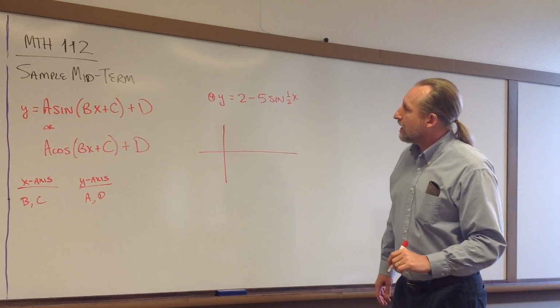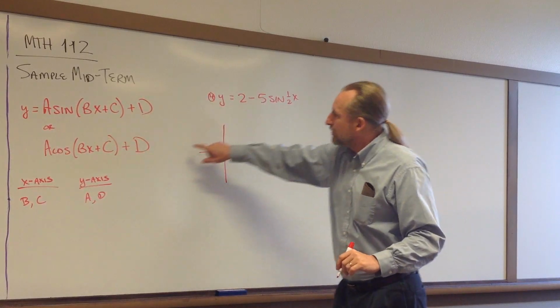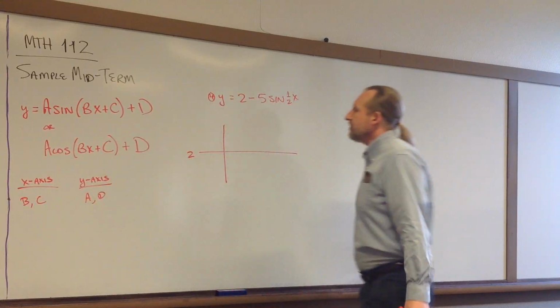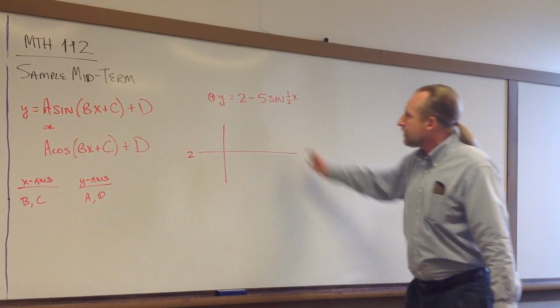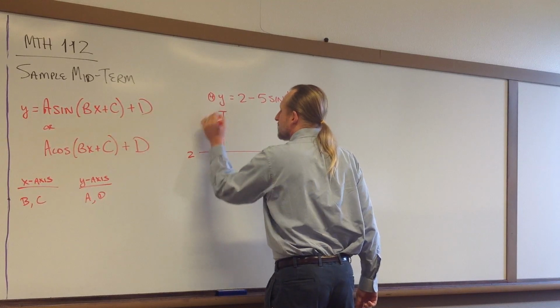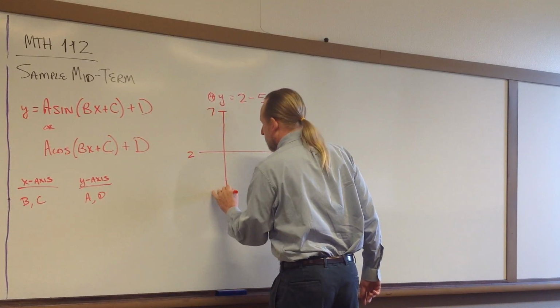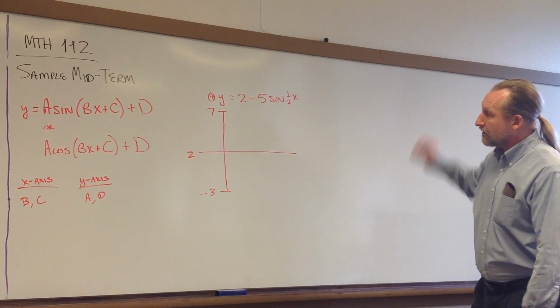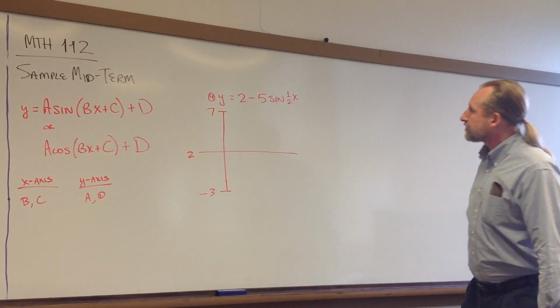We've got a vertical shift here. The value of D is positive 2, so that's going to be our midline value. Our amplitude here is 5, and so the maximum will go up 5 points to 7 and down 5 points to -3.